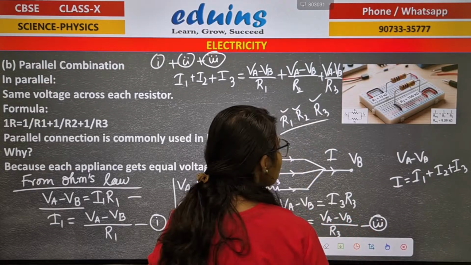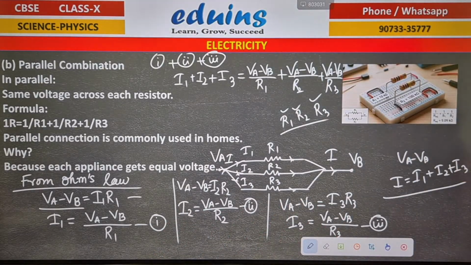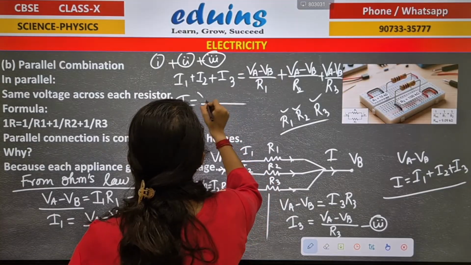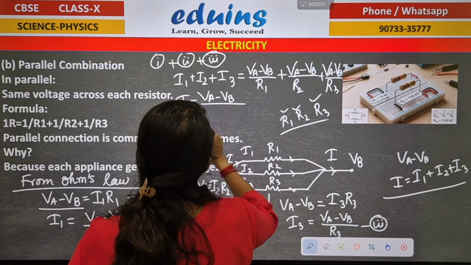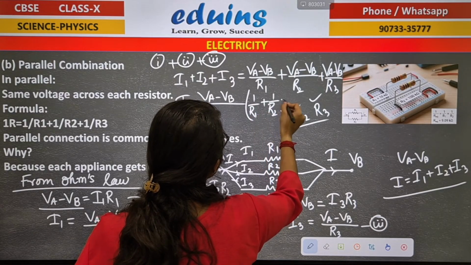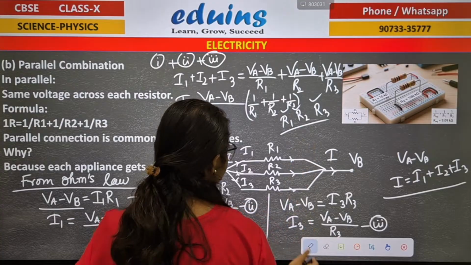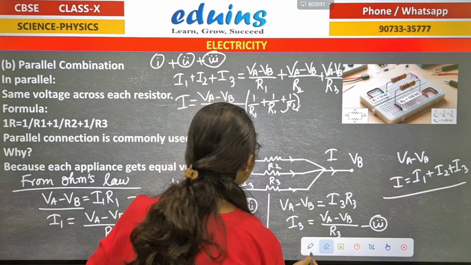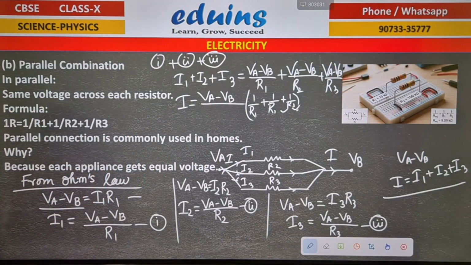We all know that I is the addition of the 3 divided currents, so I1, I2, I3 can be written as I. So I is equal to, and VA minus VB is common to all, so we write the equation by taking VA minus VB common.